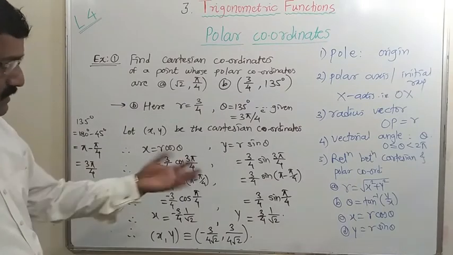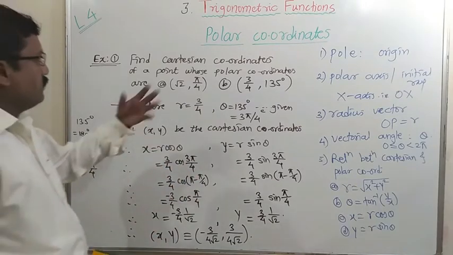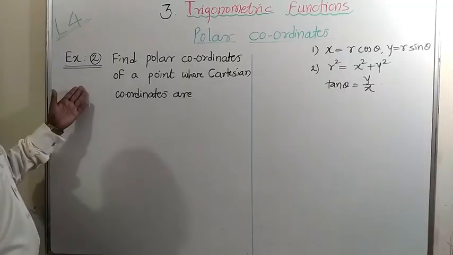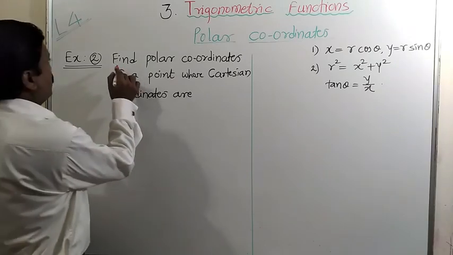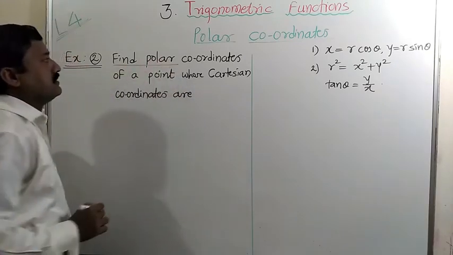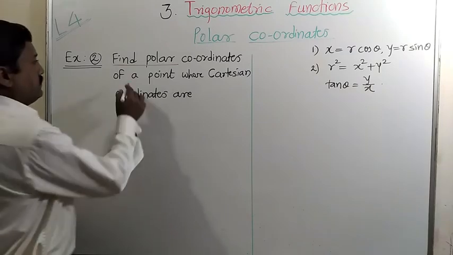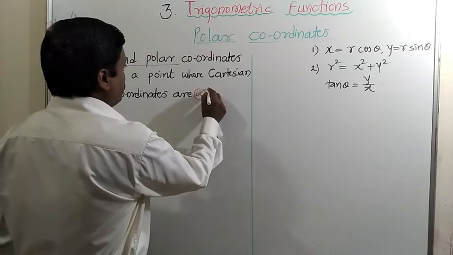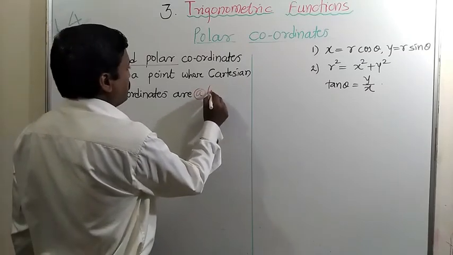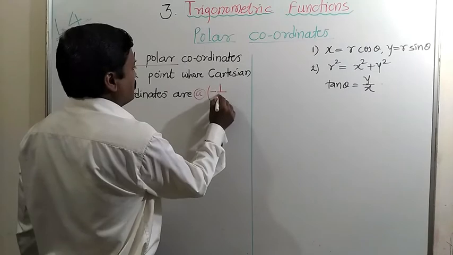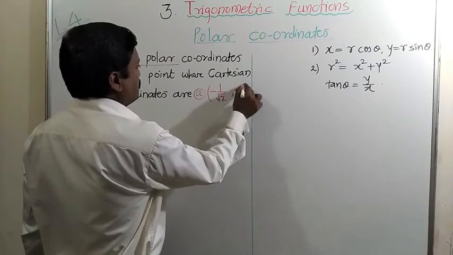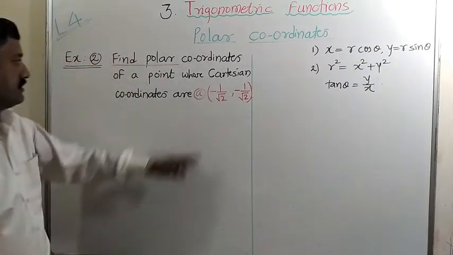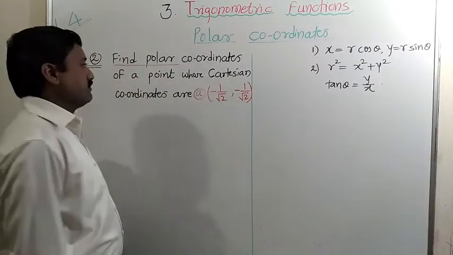Let us see the second type of example, where the Cartesian coordinates are given and we find the polar coordinates. Find the polar coordinates of a point whose Cartesian coordinates are minus 1 upon root 2 and minus 1 upon root 2.